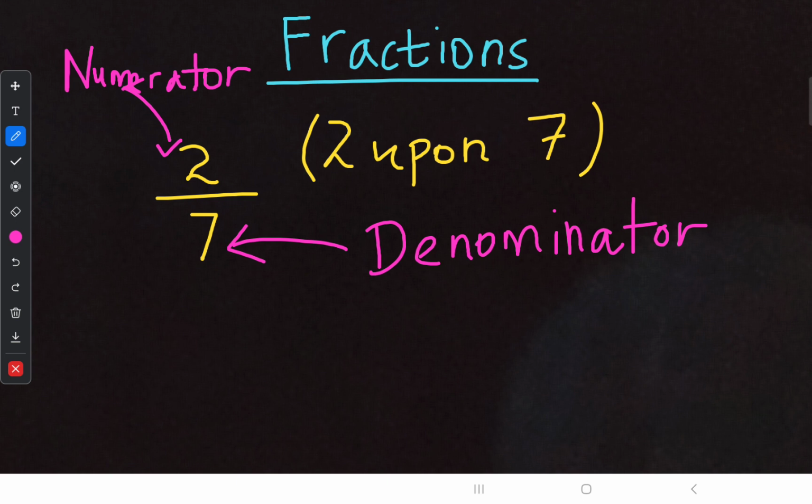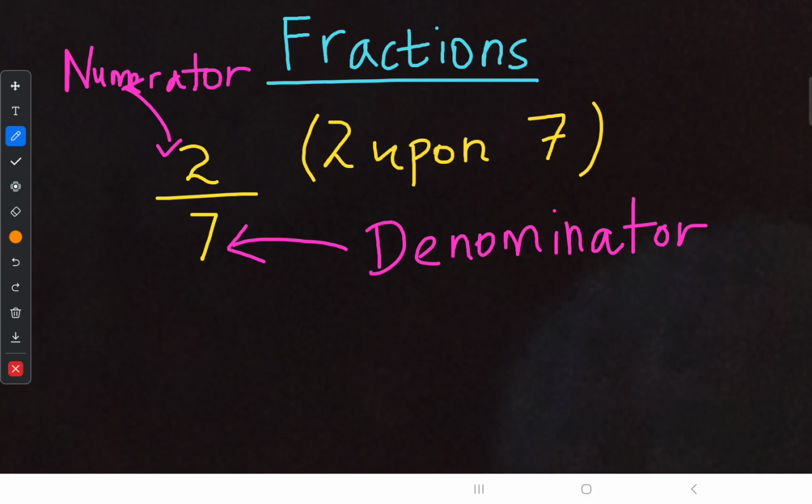Okay. Number in the top, numerator. Number in the bottom, that is denominator. According to the values of numerator and denominator, we can classify fractions into majorly three types.